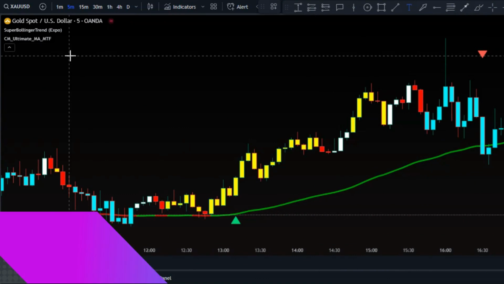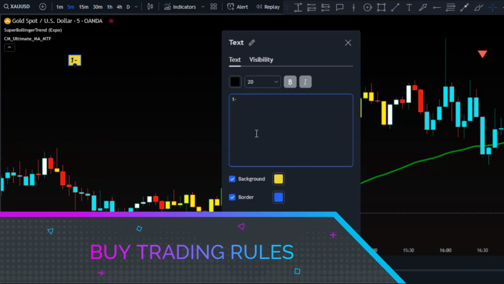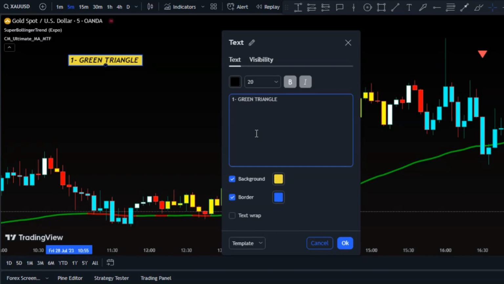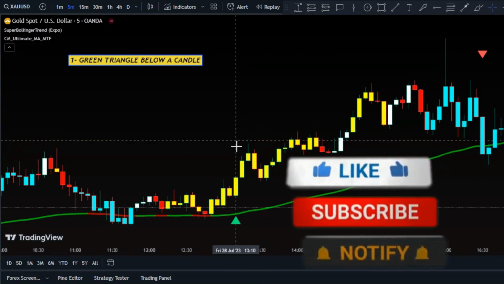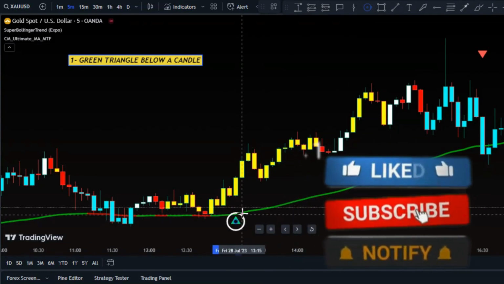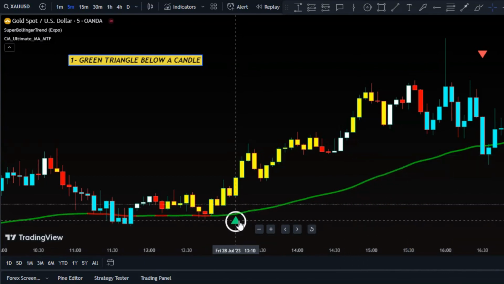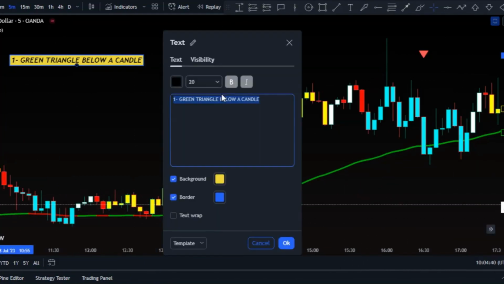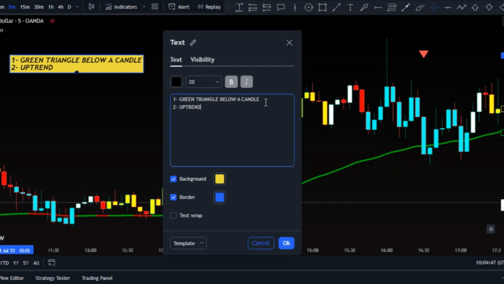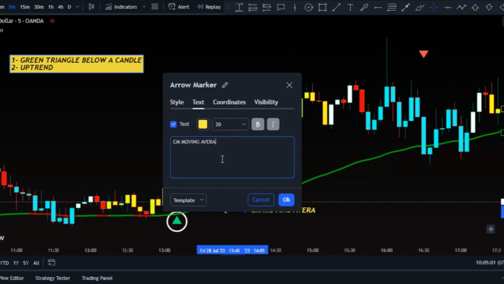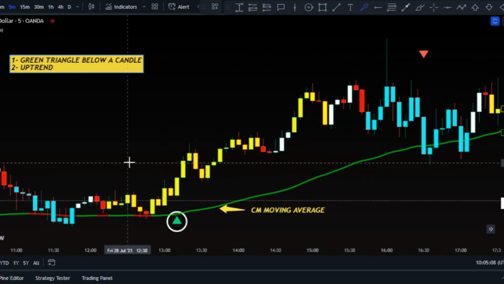Alright traders, here's how you enter a buy trade following this strategy. First thing, wait for that buy signal from the Super Bollinger Trend indicator. That's your green light to take action. Then confirm the uptrend by checking that the CM moving average line is green, showing the price is above it. Two indicators now saying go long.